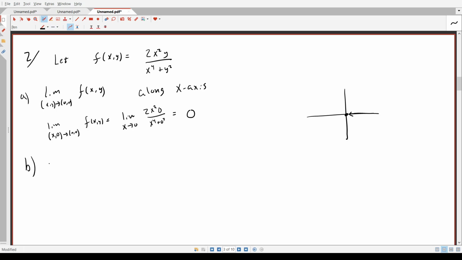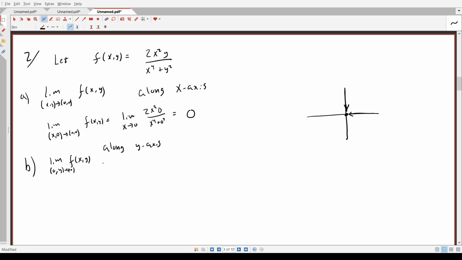So B, we're looking for the same limit, except let's do this now along the y-axis. So we do the same thing, except now x is 0, and (x, y) goes to (0, 0). So now we're going along this direction.